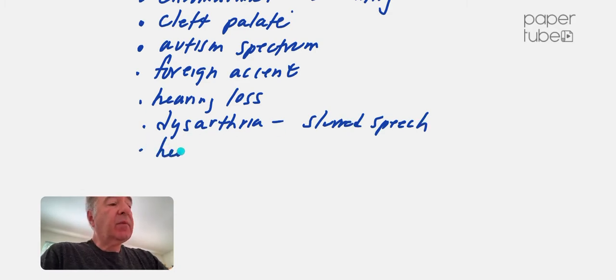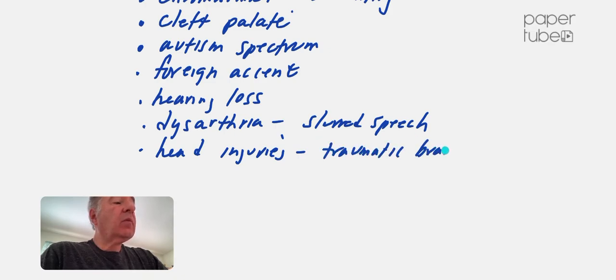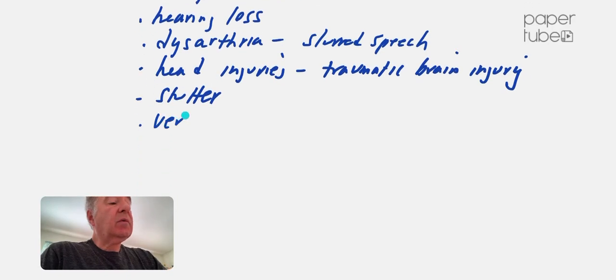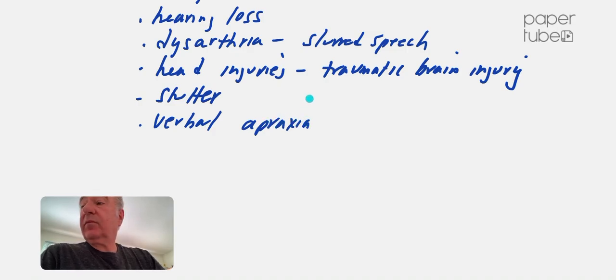Students who may have some head injuries, or maybe had what we call traumatic brain injury. Or you may have also students who might stutter, would have difficulty with articulation, or even verbal apraxia, which has to do with some of the motor sequencing.